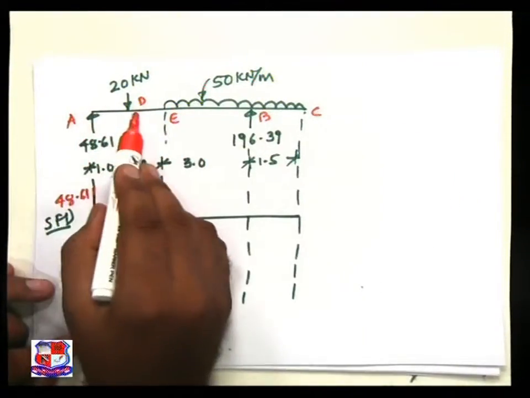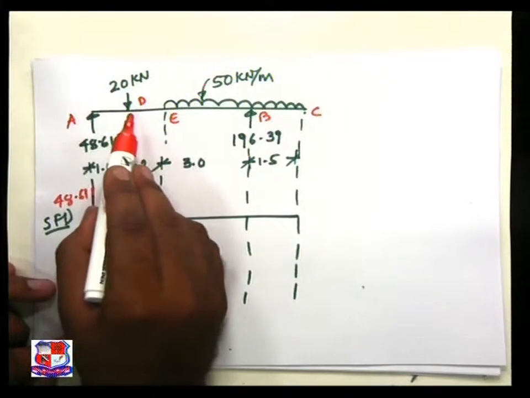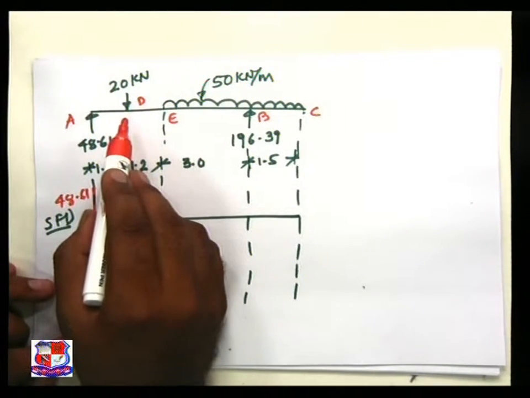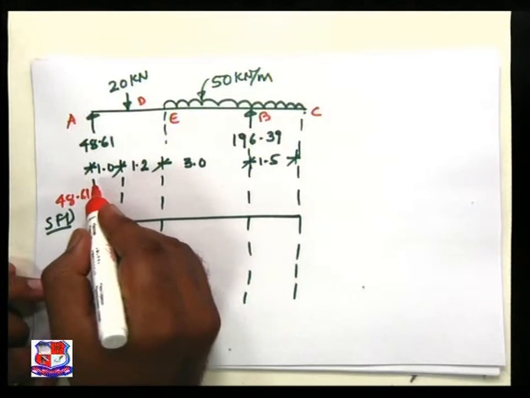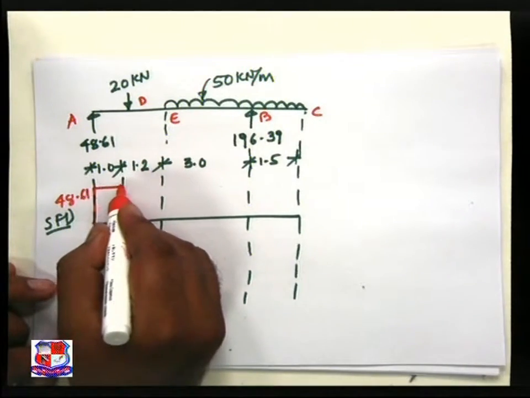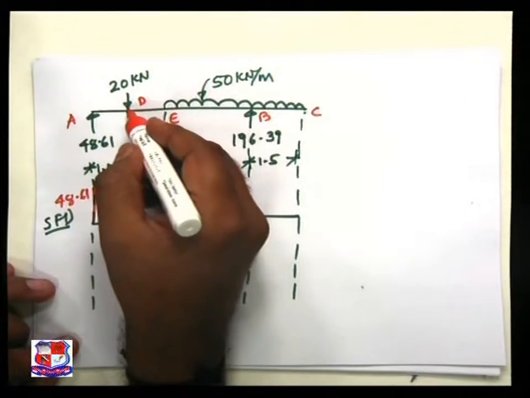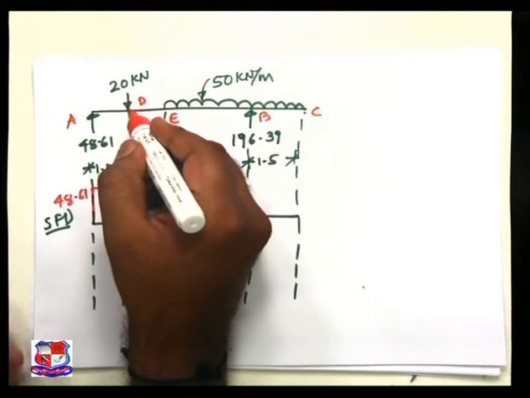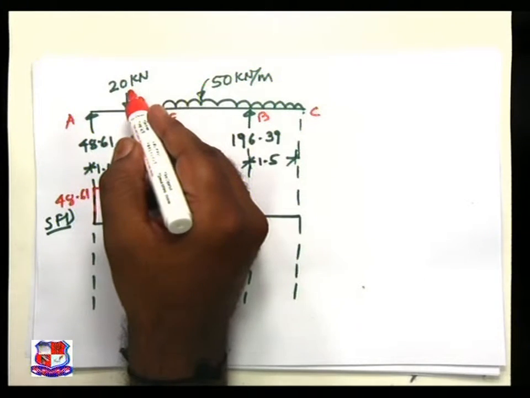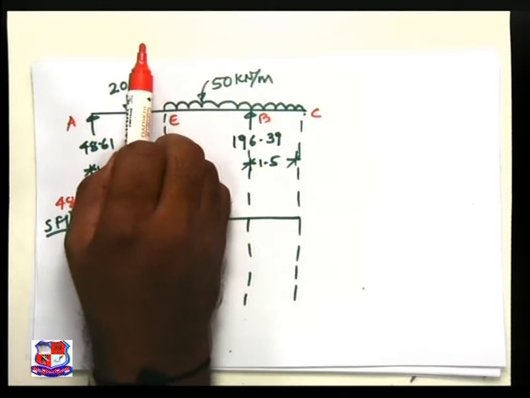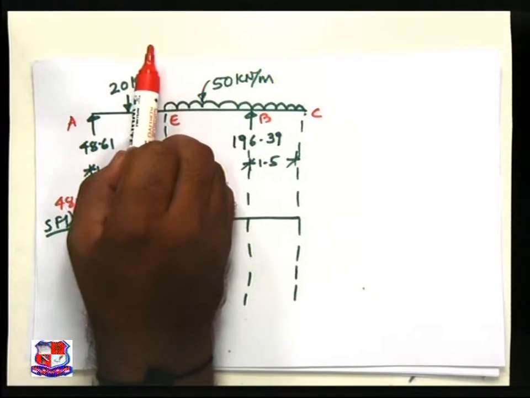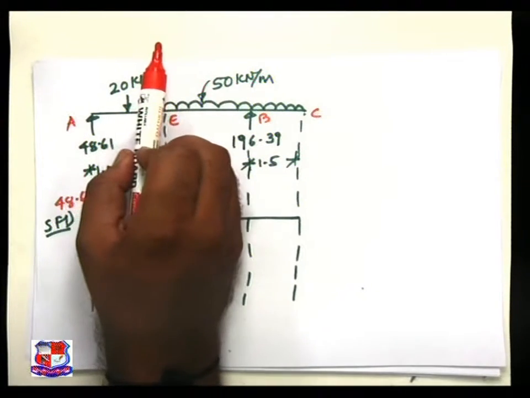Between A and D there is no load, so the variation of shear force is given by a horizontal straight line. At D point a sudden change will be there, that is of 20, and if we take a section, it is downward 20, section downward taken as negative.